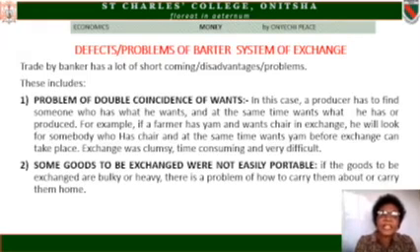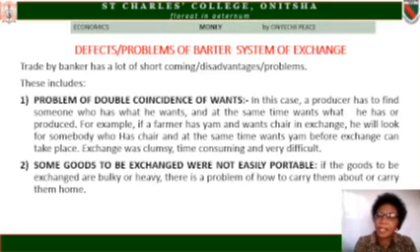So let us look at the defects, the problems of barter system of exchange. Trade by barter has a lot of shortcomings or disadvantages, or what you may call the problems. These problems include: 1. Problem of double coincidence of wants.